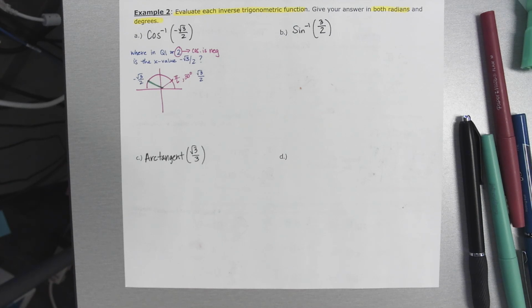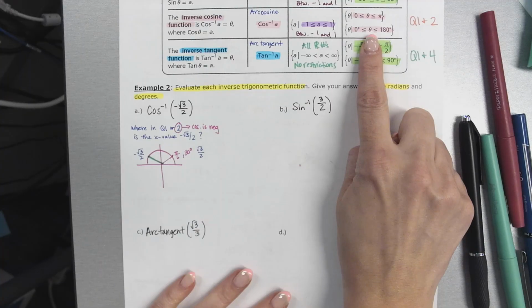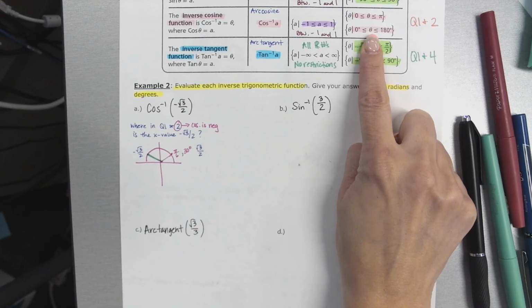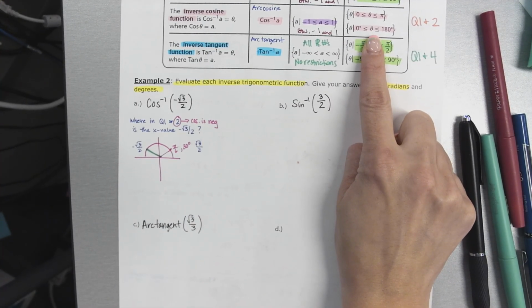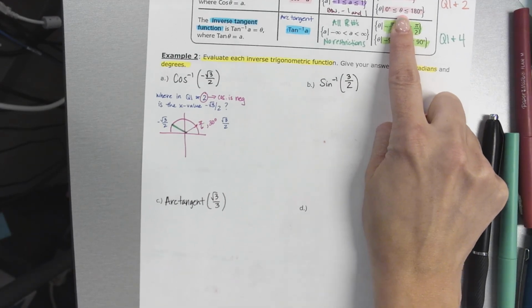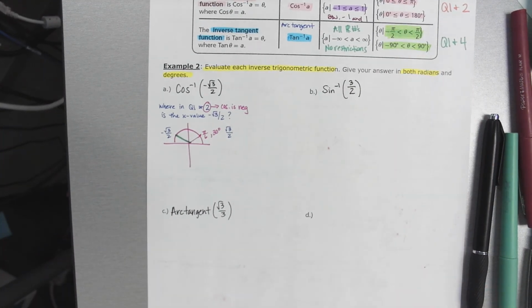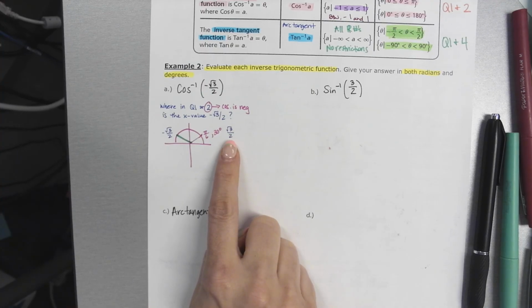Okay, now when you get your answer, be sure it is in the range. For cosine, it has to be between 0 and 180. You okay? Yeah. Okay, I'll go over this again.